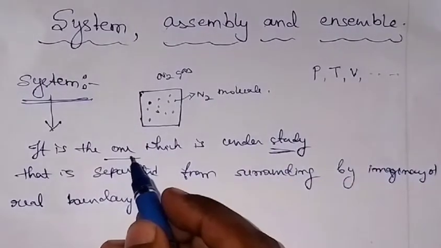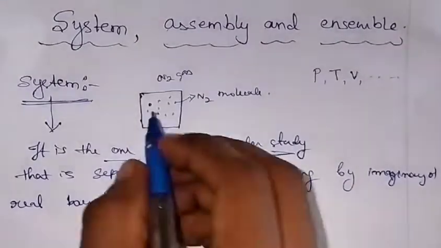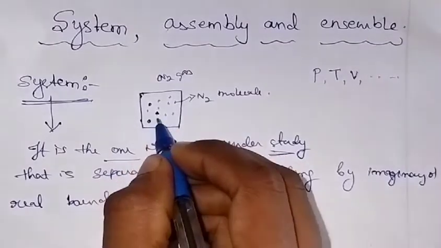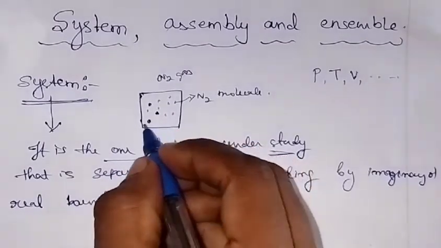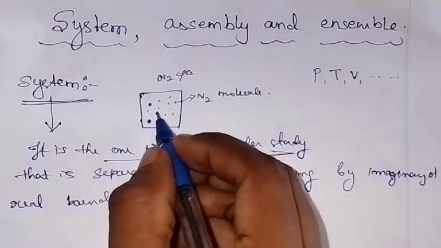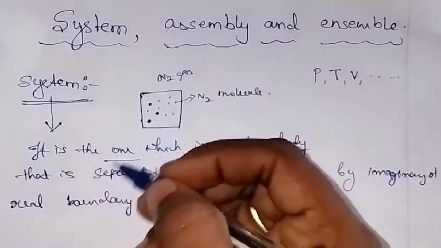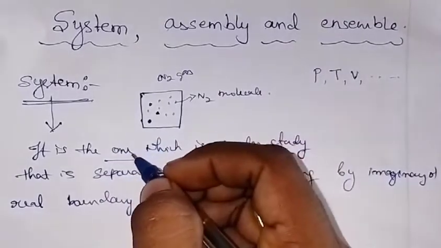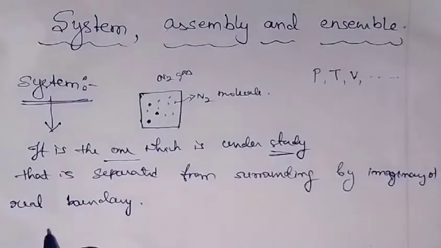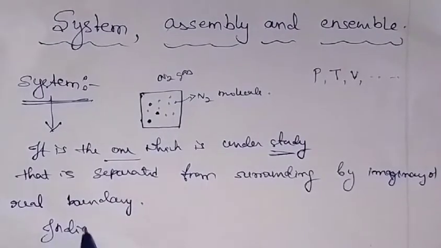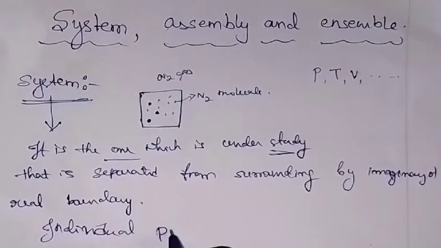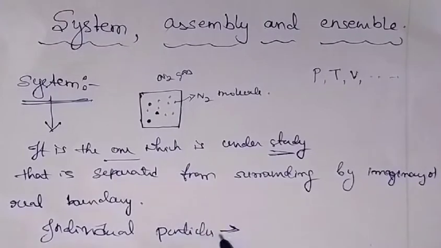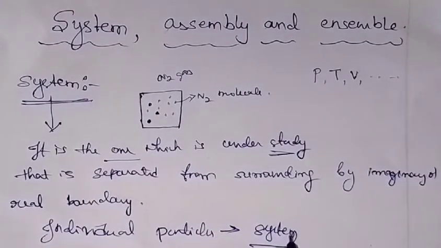Now I said that in statistical thermodynamics we are studying individual particles. So this individual particle itself is called a system in statistical thermodynamics, because according to the definition, the one which is under study is called the system.